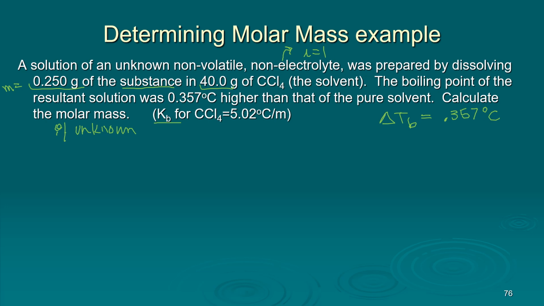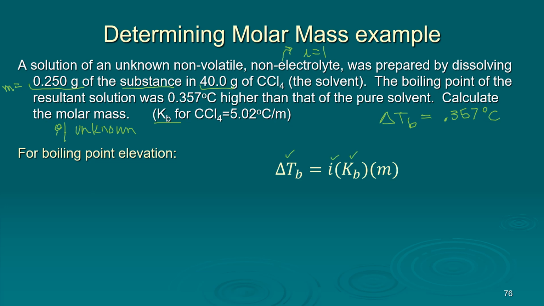All right, so we know our formula, delta TB equals I times Kb times m. We know what Kb is and we know what I is, and we actually know what delta TB is. So now we're going to rearrange this equation and solve for m.